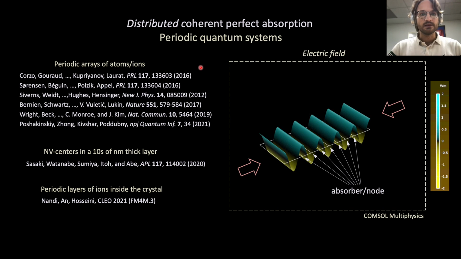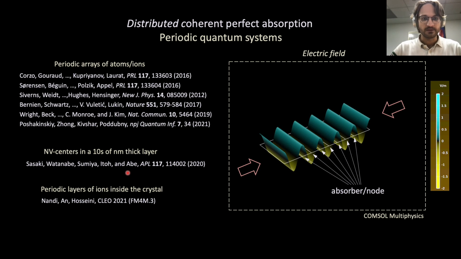Here, let me briefly elaborate on the practical realization of our approach with quantum systems. First of all, I should say that periodic arrays of atoms and ions are widely studied worldwide, and this arrangement is very close to the arrangement which is required for our approach.